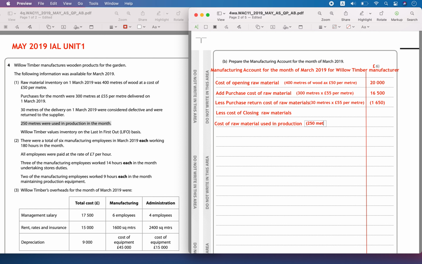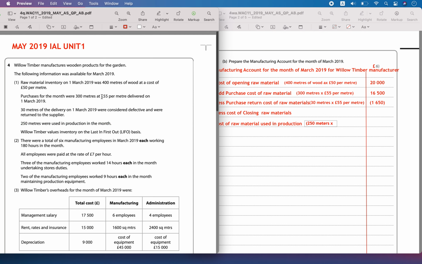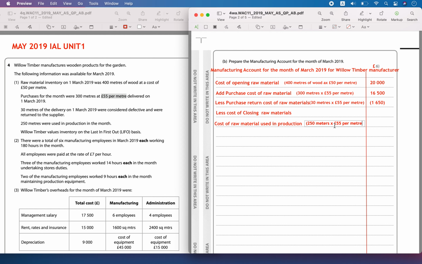This must be at the rate of 55 pounds per meter. Let's see what the cost of this is. So 250 into 55 pounds is equal to 13,750.